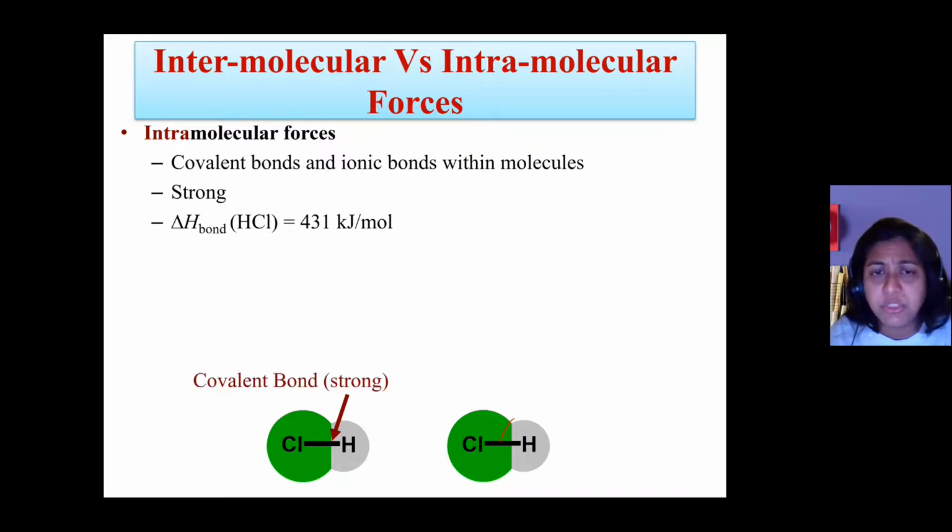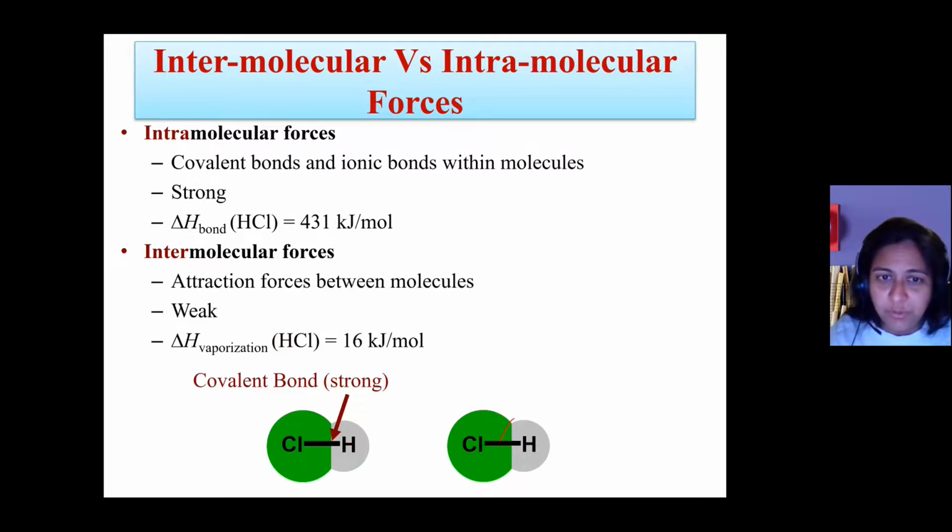They are relatively strong. As an example, the bond energy of a hydrochloric bond is measured around 430 kilojoules per mole. Okay, what is intermolecular force? Now we'll find the intermolecular forces between the molecules.